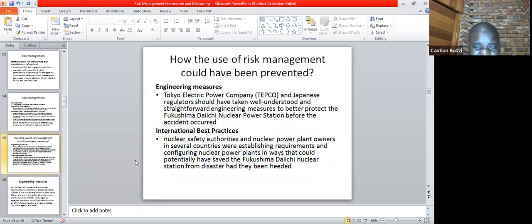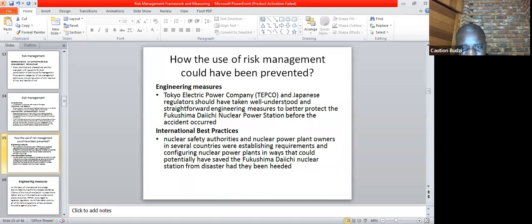Now let's look at a few techniques which could have been implemented by the Tokyo Electric Power Company. I have identified two categories of these strategies. The first is engineering measures and the second is international best practice.